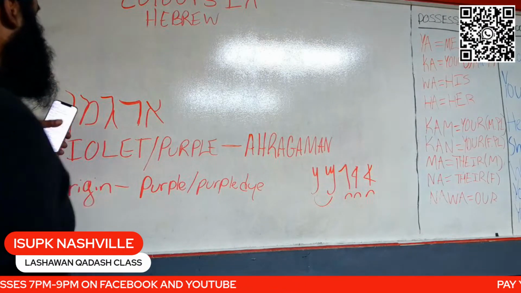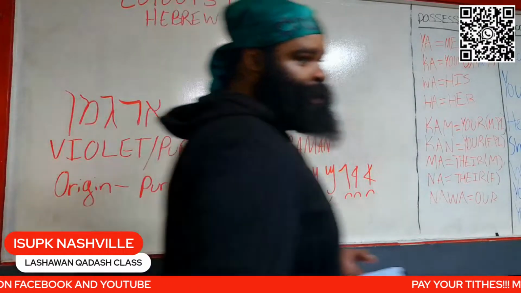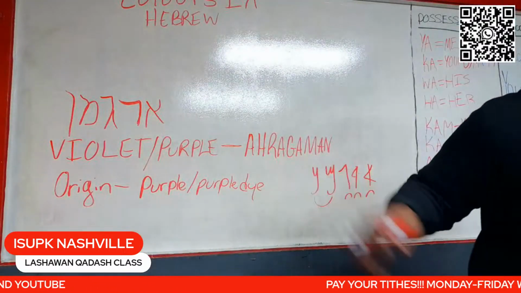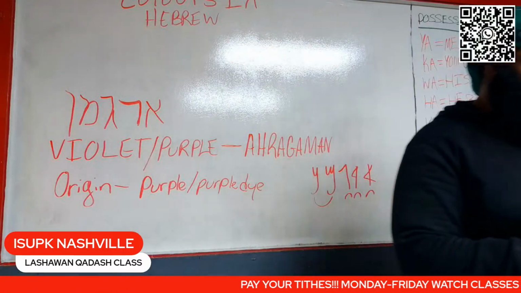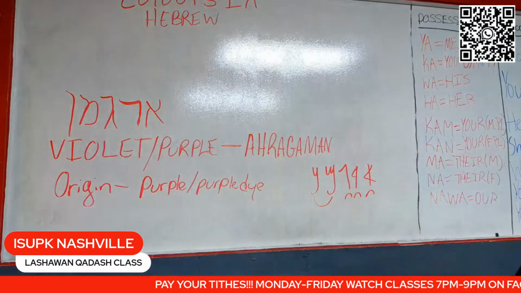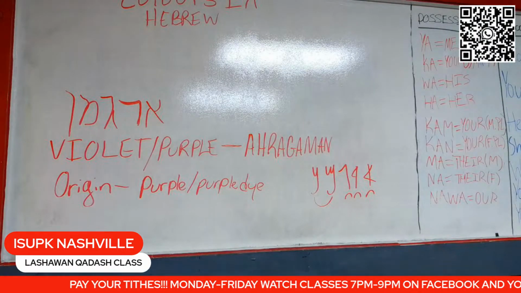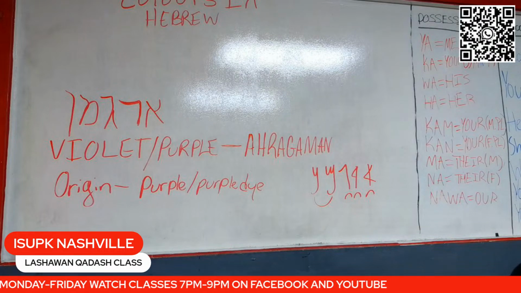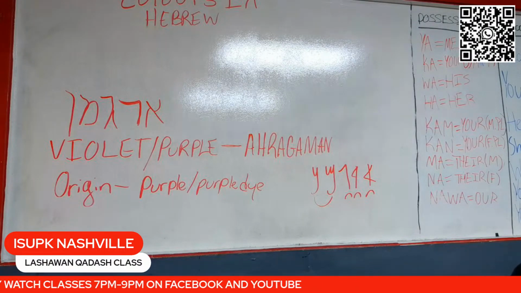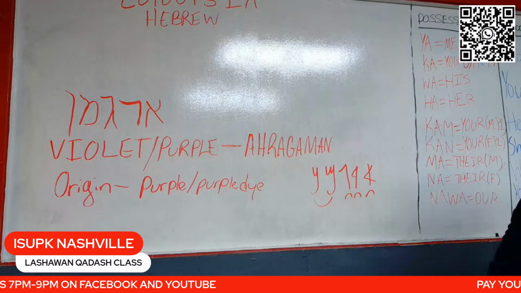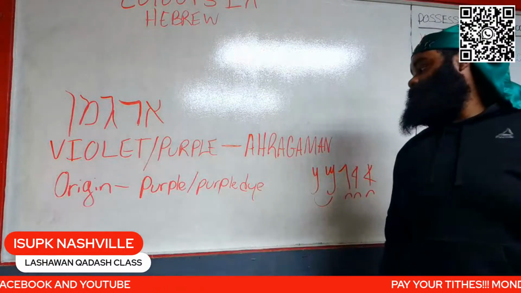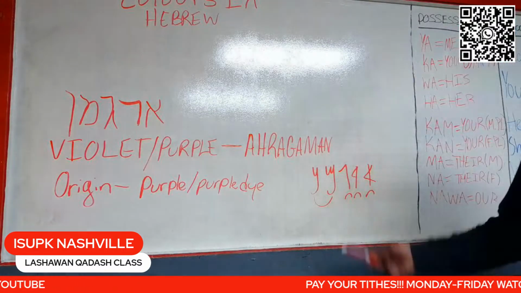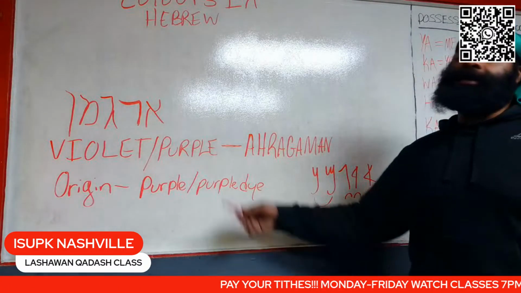There go that na at the end of the word again. Aragaman. That's how you write it out. And remember, the origin is just purple or purple dye. There's nothing special about the color purple.